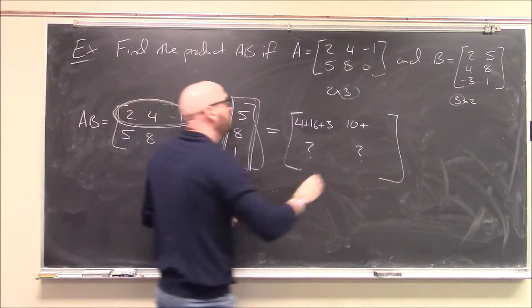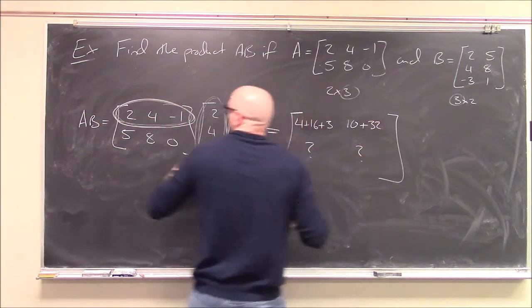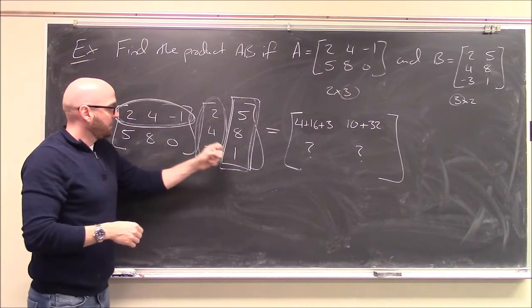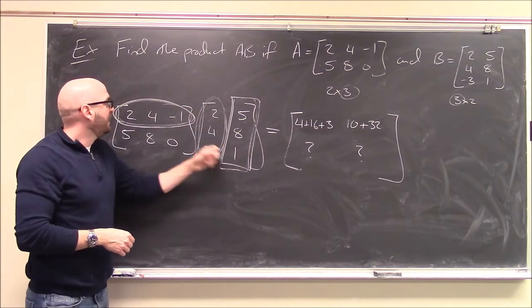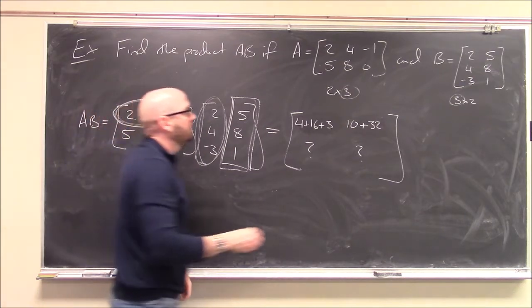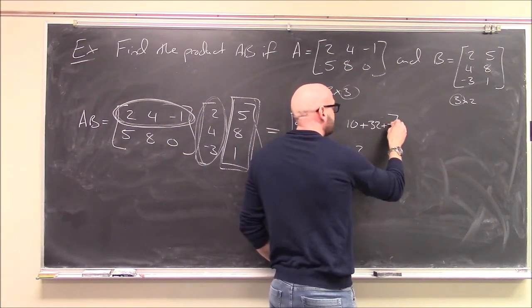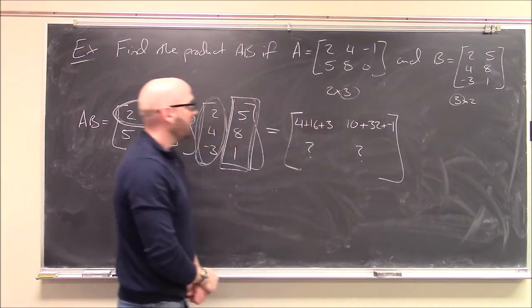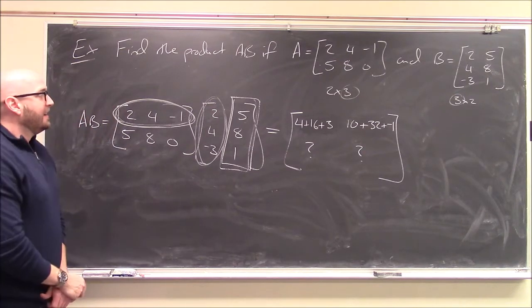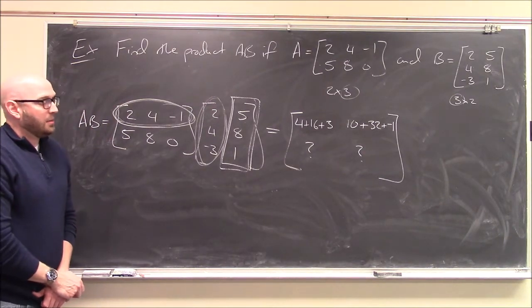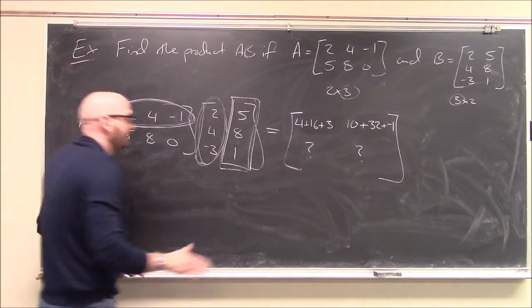This is 32. And plus minus 1 times positive 1, so plus negative 1. And that's the entry in the first row, second column of this product.